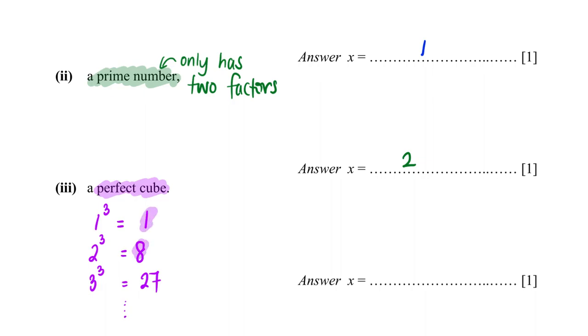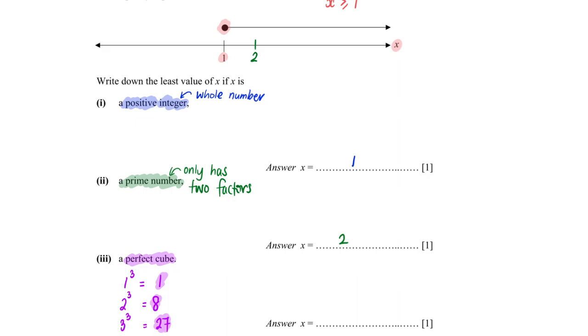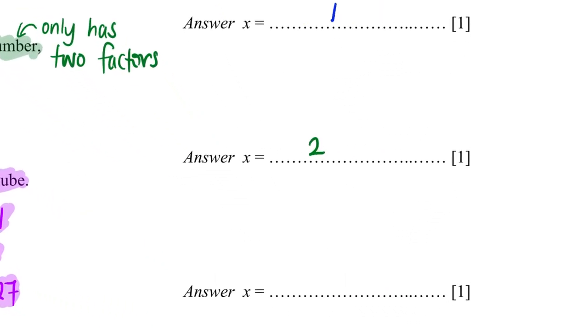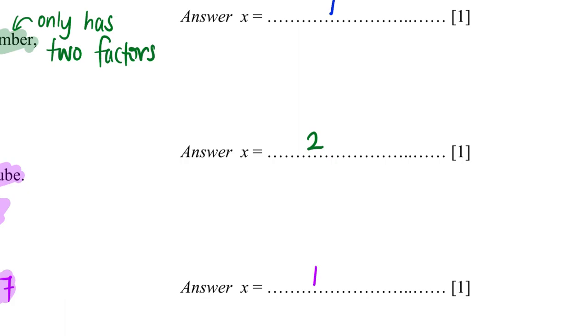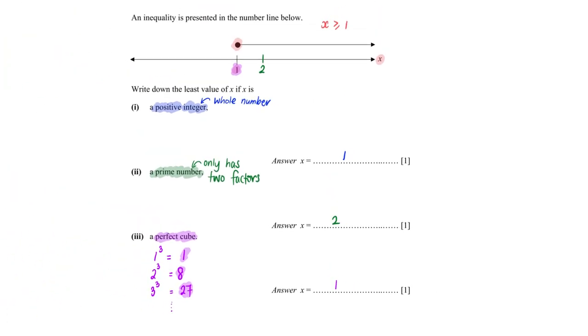So what is the smallest perfect cube number here that could be x? Yes, x could be 1. And with that, we have come to the end of this question. We are done. Let's move on to the next question.